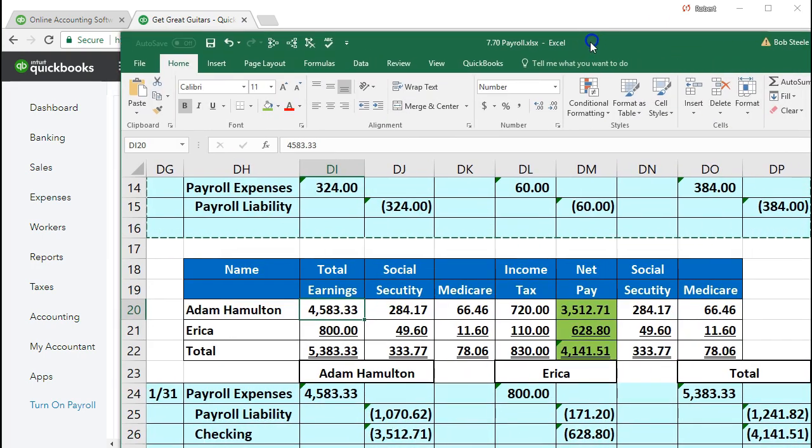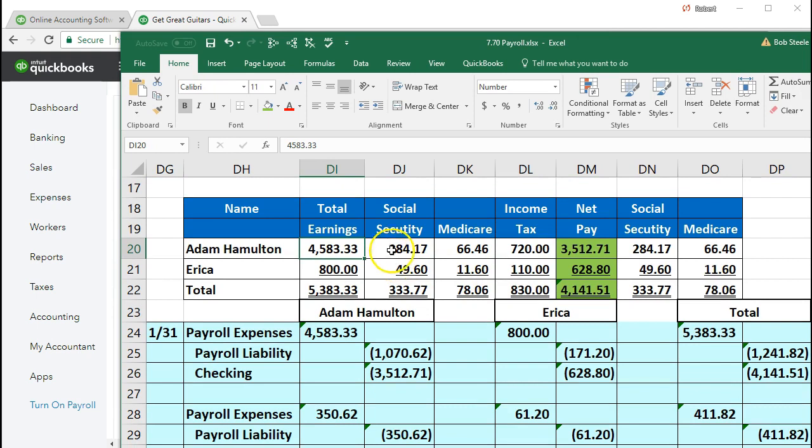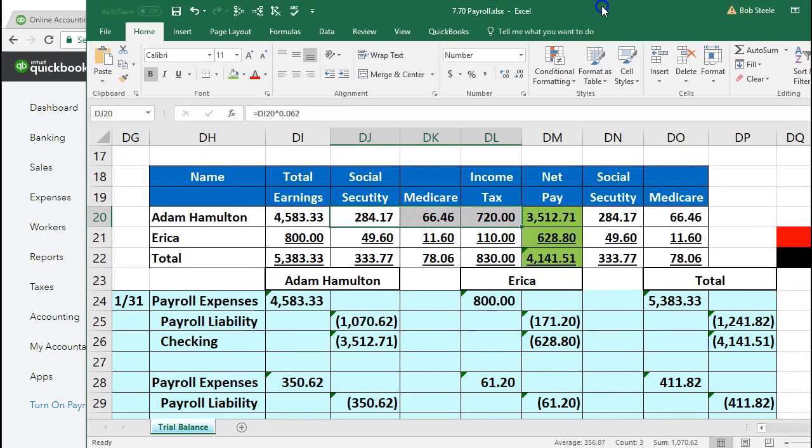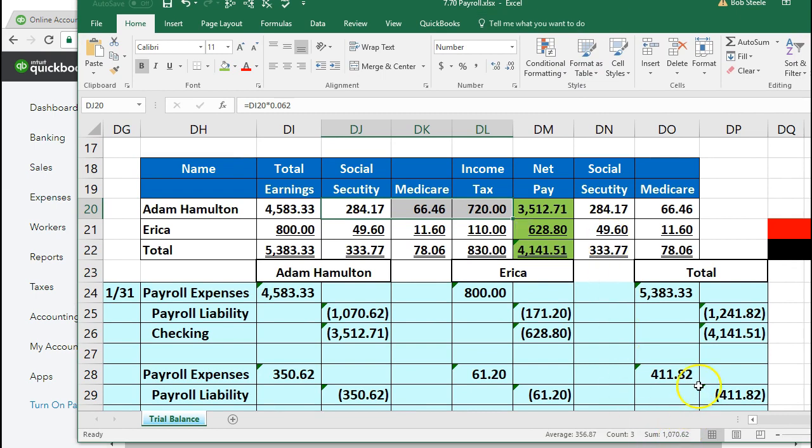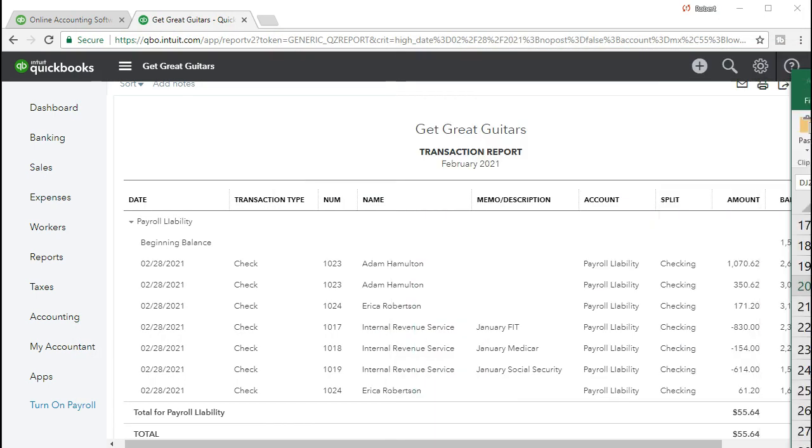If we take a look at our table, we pulled out this and this from the check, so that adds up to that $1,070.62. That's what we took from the check here. And then this is going to be our portion that we have to pay for Adam in this case. And then Erica, this is what was taken out of Erica's check, and this is what we have to pay.